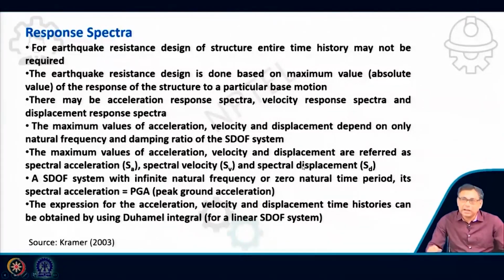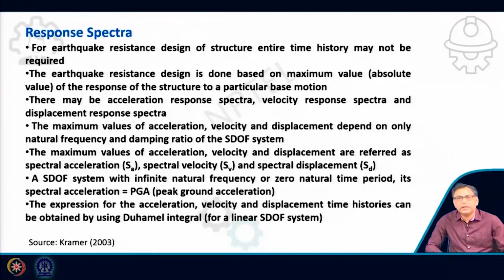I have already discussed how we use the pseudo spectral acceleration and pseudo spectral velocity by using the natural frequency omega 0. For the velocity, if we multiply the factor omega with the maximum displacement, then you will get the pseudo spectral velocity, and if you multiply with omega 0 squared, then you will get the pseudo spectral acceleration.